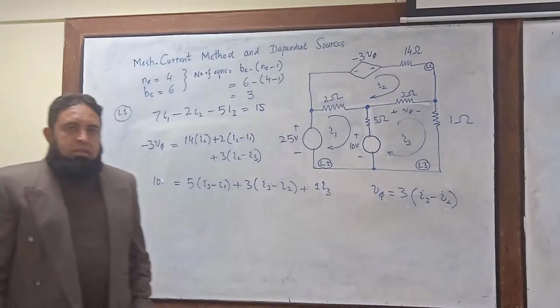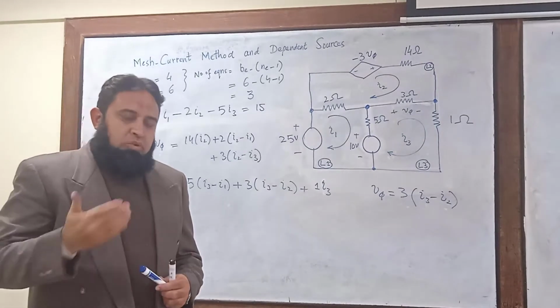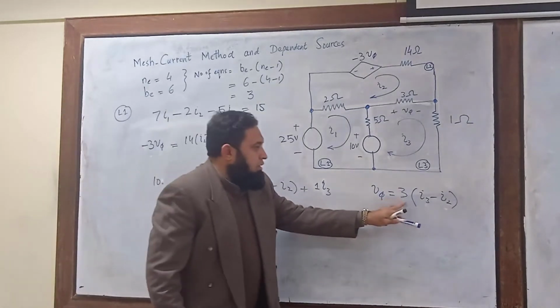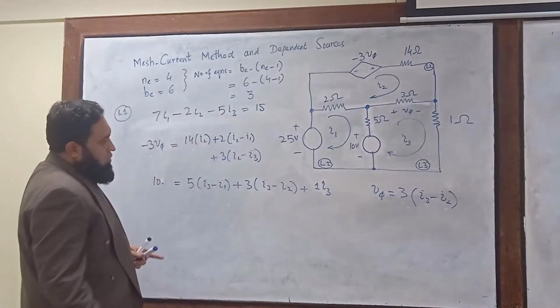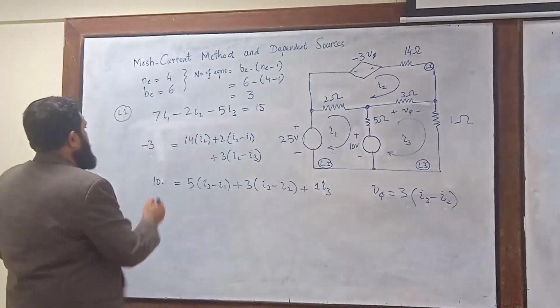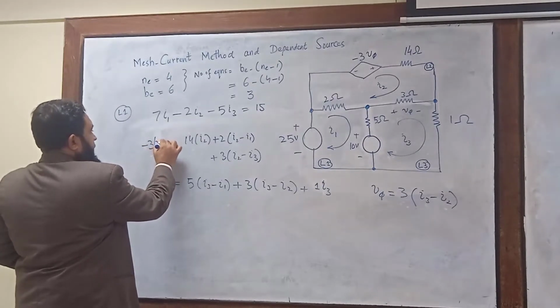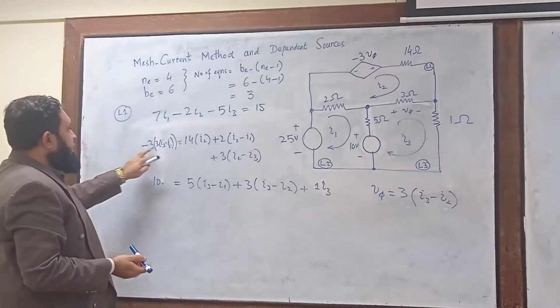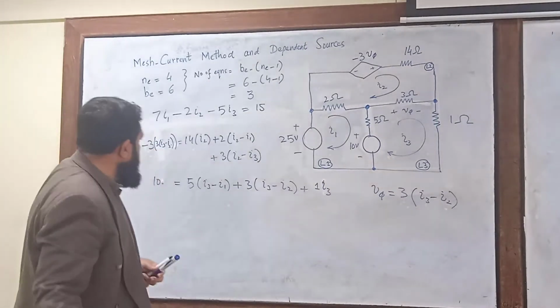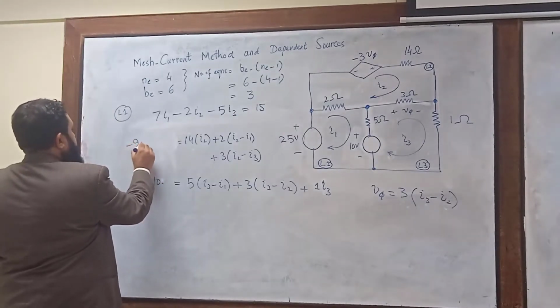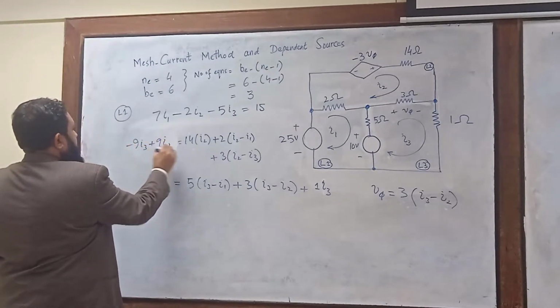This is the simplified version of the first equation. Now, considering the second one, substituting this value here, you have to substitute 3 times (I3 minus I2), so 3 threes are 9, minus 9I3 and plus 9I2.